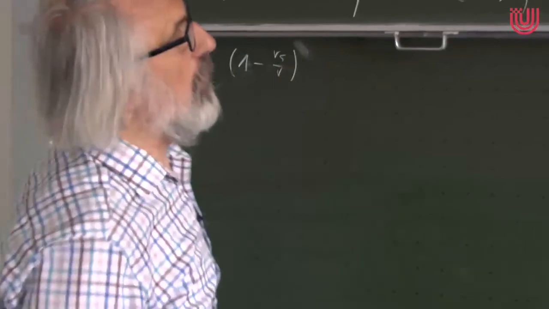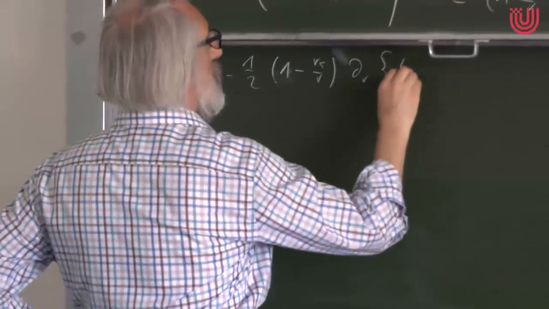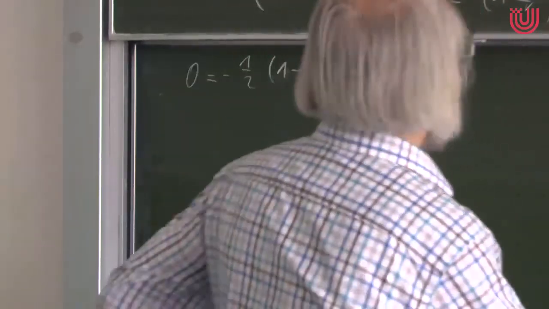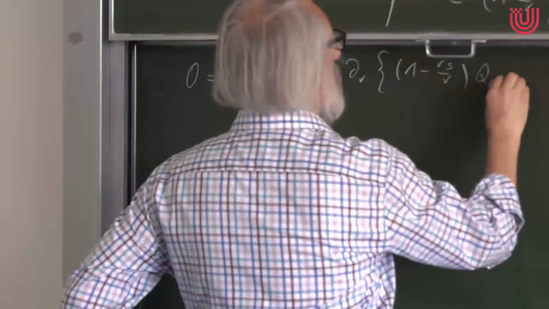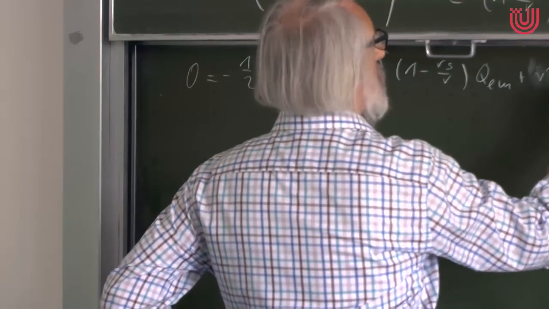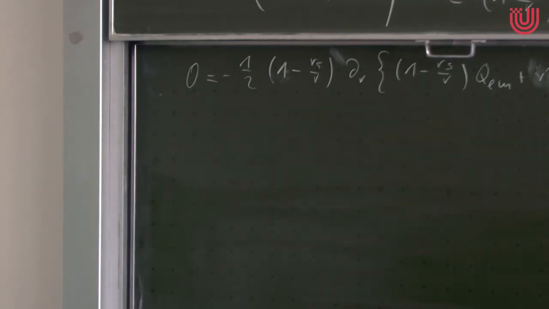No, I have 1 in the denominator, so I get it only to the power 1, d by dr of 1 minus rs over r, QLM, plus r dr QLM. I have multiplied with the square. This is under the time derivative. This is independent of time, so I can pull it out of the derivatives, and these two factors go away.